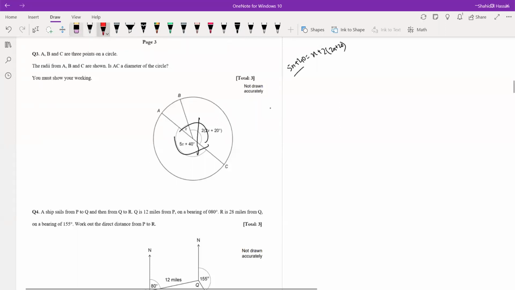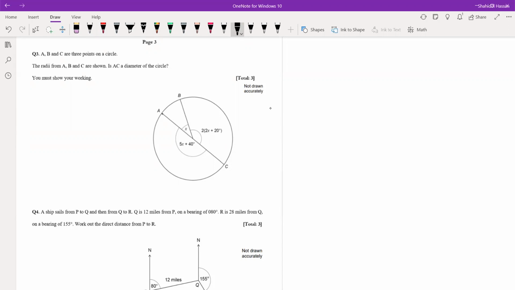If you want to show that AC is the diameter, students, you have to show some property of the diameter of a circle. Meaning, if AC is the diameter, the angle that is being created here should be equal to 90 degree. Only then you can prove that AC is the diameter. Am I saying it right? Josa, do you understand what I'm trying to say here?